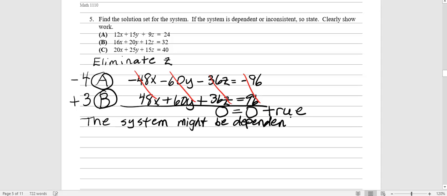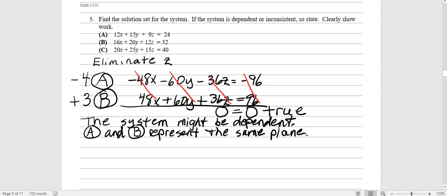I can't make a conclusion at all because I haven't used the third equation. I've only used 2 of the 3 equations. In order to conclude that the system is dependent, I have to use all 3 equations. So all I know is that, since all terms canceled out, equations A and B represent the same plane.